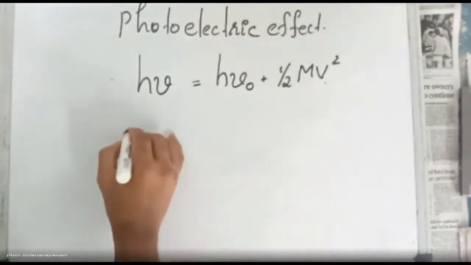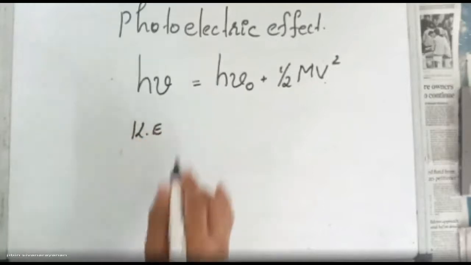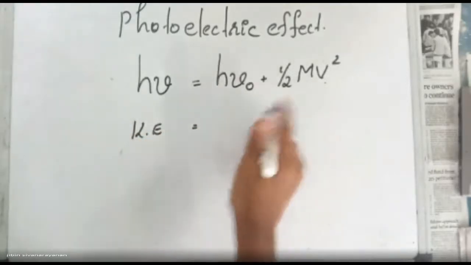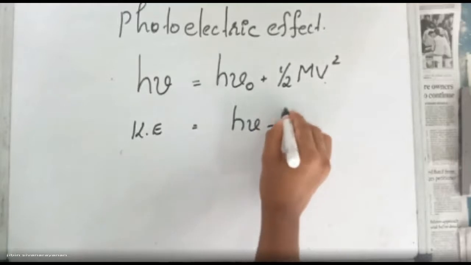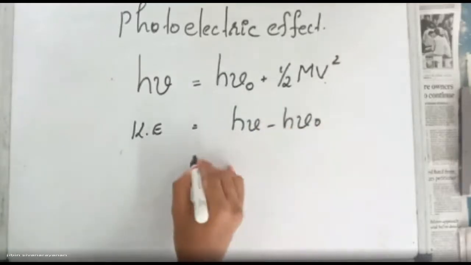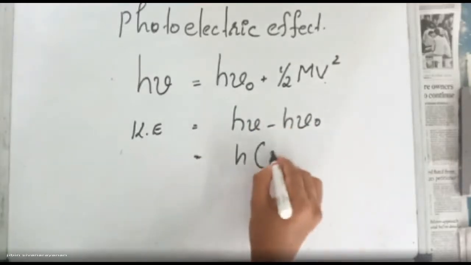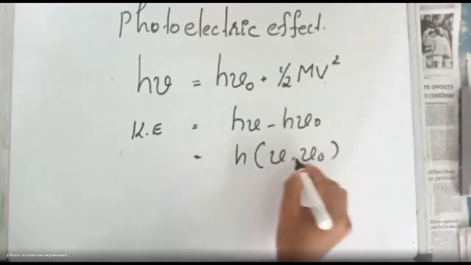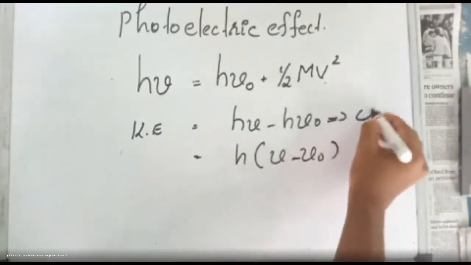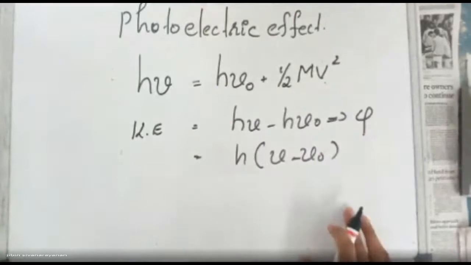So this kinetic energy, KE, is equal to h mu minus h mu 0, which is equal to h of mu minus mu 0, and h mu 0 can be written as psi, that is the work function.